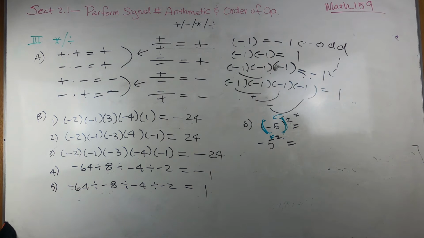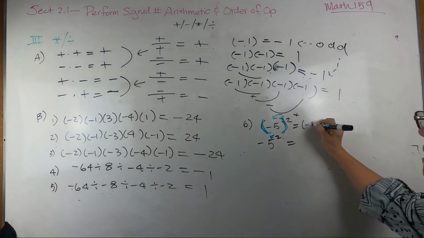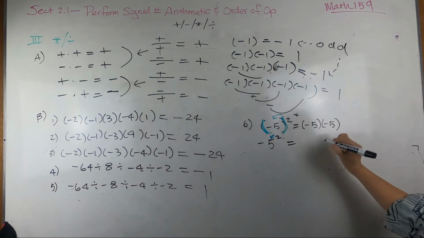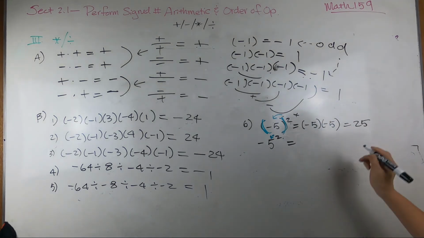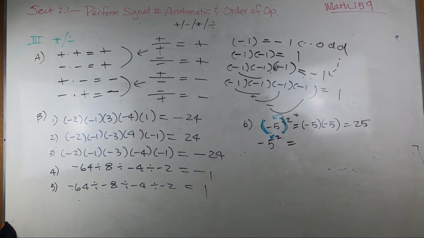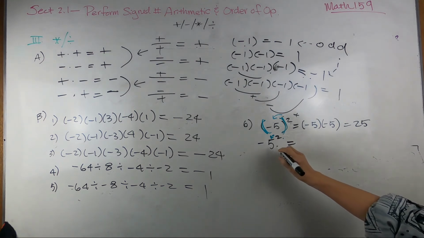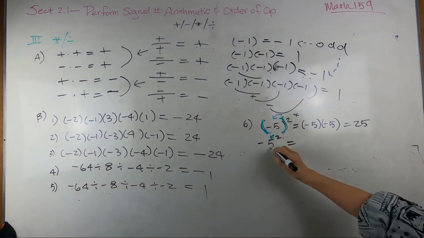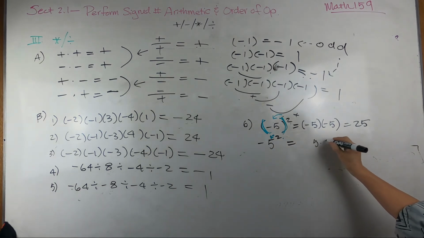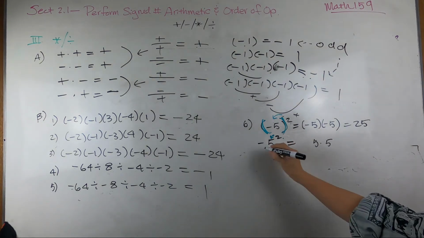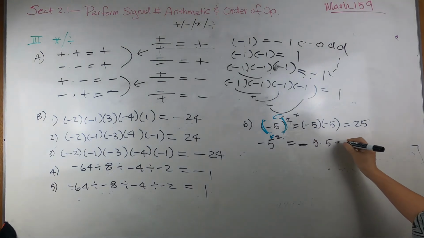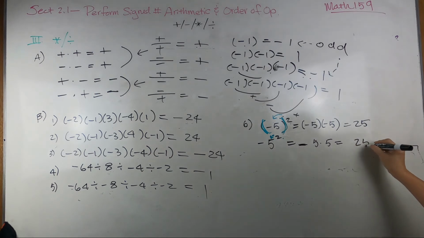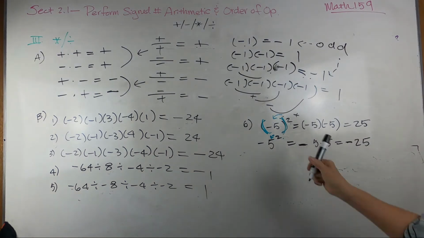So let's see the result. First one means what? The whole base multiplied by itself twice. So you have negative times negative is what? 25. Right? And for the second one, 5 squared only applies to 5, so you need to times 5 and 5. Then you attach the sign to it. 5 times 5 is what? 25. Then you attach the sign to it. So it's a different answer.